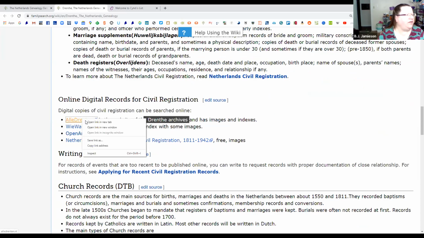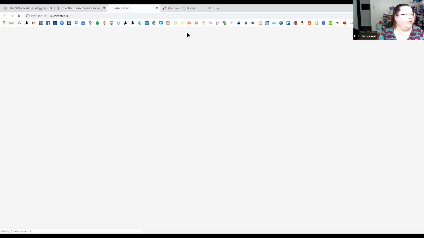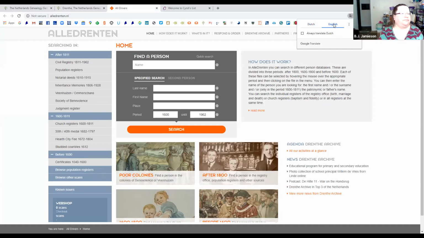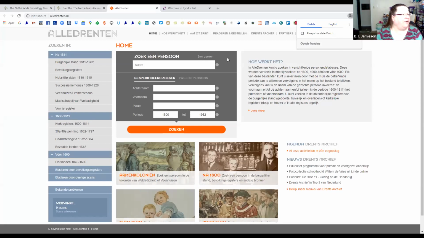Now, one reason I like using Google Chrome is if I go here, this is in Dutch, it gives me the option of translating. Now, it's usually not great, it's machine translation, but it gives you enough information so that, for example, I probably could have guessed that Voornaam was forename, which means that this other one that ends in nam is probably surname.